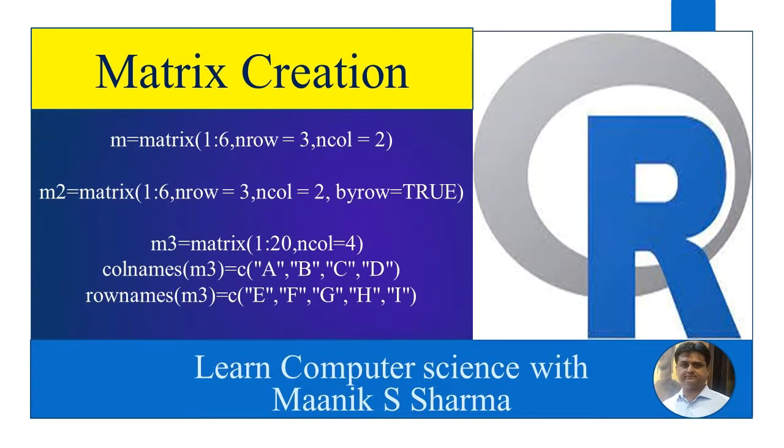Here 1 to 6 means that there are 6 different data elements starting from 1 up to 6. nrow represents number of rows, ncol represents number of columns. It means there are 3 rows and 2 columns in this matrix. As stated earlier, here data will be entered in the matrix in the column wise order.